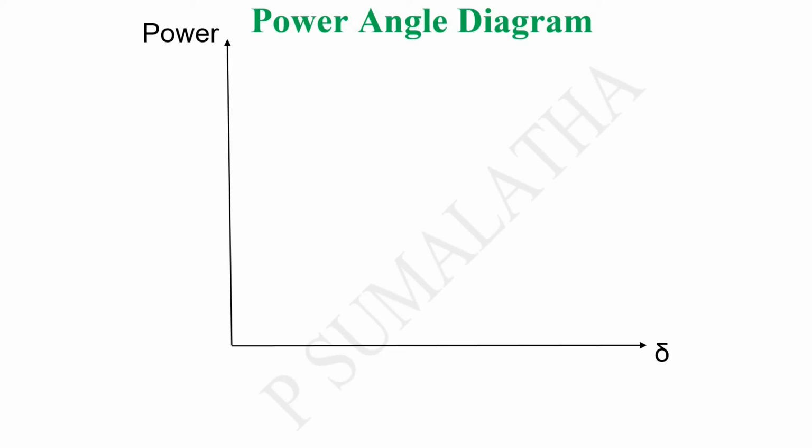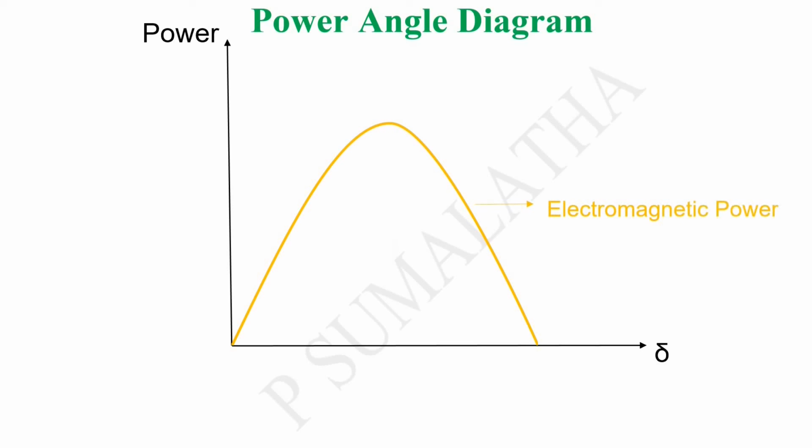Electromagnetic power, already we know the curve. So this is the electromagnetic power. We will get the maximum power at δ equal to 90 degrees. So this much we know already. Now coming to the reluctance power, the reluctance power looks like this. And what is the resultant? The resultant of the electromagnetic power and the reluctance power will give us the power angle curve for the salient pole synchronous machine.